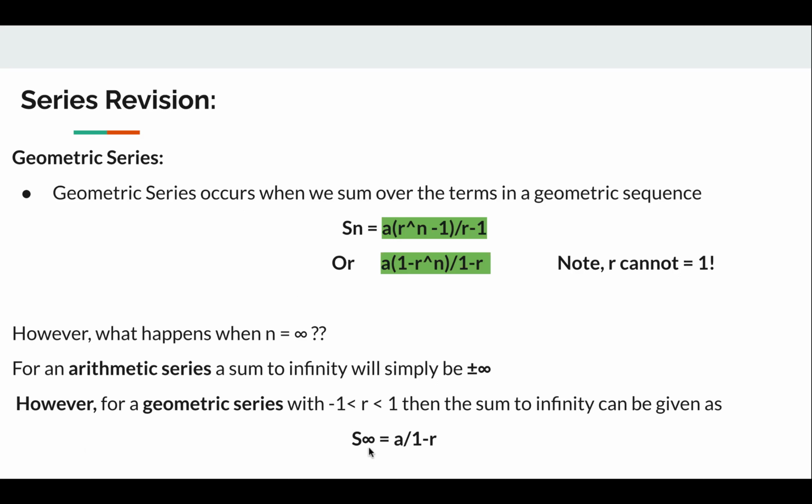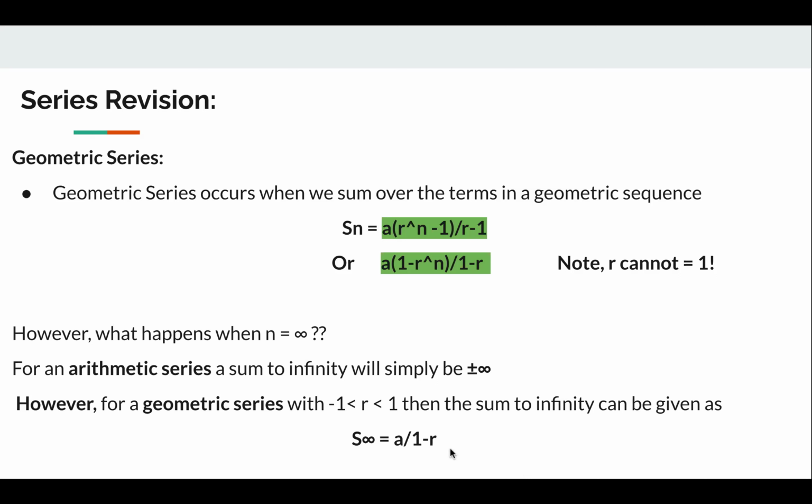I'll repeat. For a geometric series with a ratio that is between minus 1 and 1, the sum to infinity can be given as a over 1 minus r. And this is what we call a geometric series that converges. Converges means it comes together to a particular number. To converge means to come together.